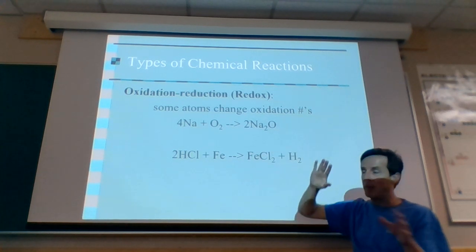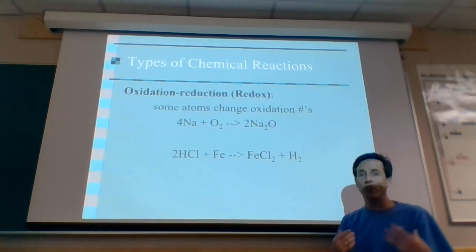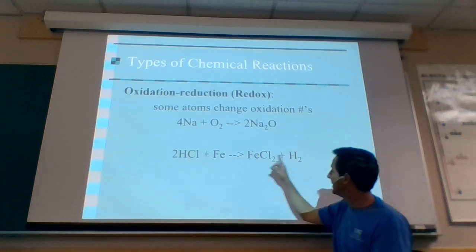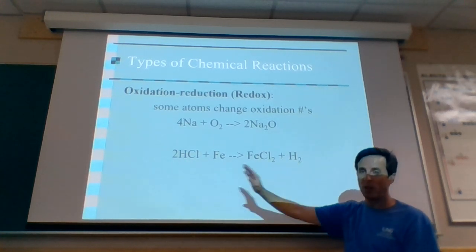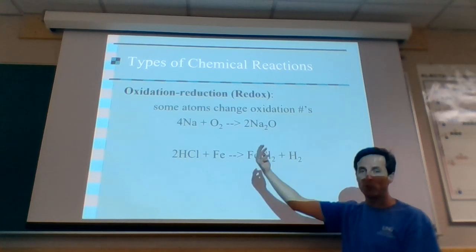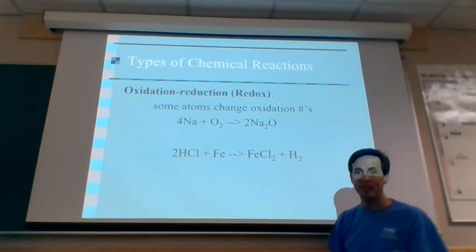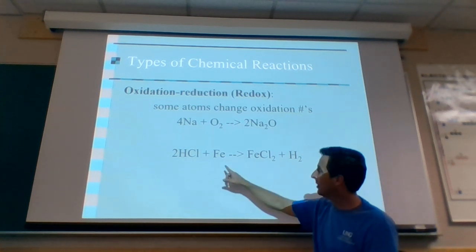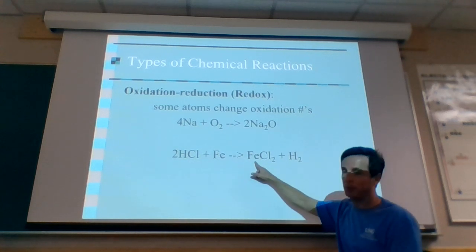Okay, so based on all that, I can look at this and say, hydrogen was +1 and it went to 0. +1 to 0, the charge went down, that's reduction. So hydrogen was reduced. The iron went from 0 to +2.